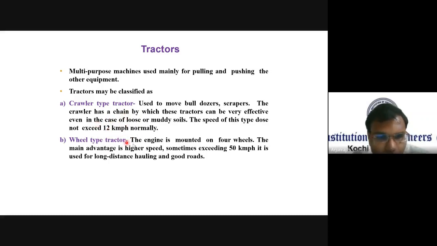Okay, but when you want to increase the speed of your machine, sometimes like if you have the requirement of 40 kilometer per hour, then you need an engine mounted on a four wheel drive, and you need a wheel type tractor rather than chain type, where you want high speed. The wheel type is also used for long distance hauling and also for good roads.